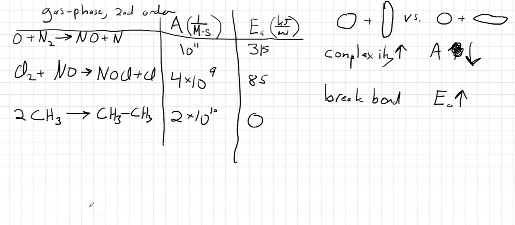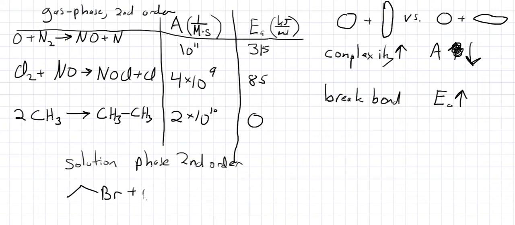Let's look at one more case. Let's do a solution phase reaction. And this will also be second order. So let's have ethyl bromide reacting with hydroxide ion in an SN2 reaction to give ethyl alcohol plus bromide.